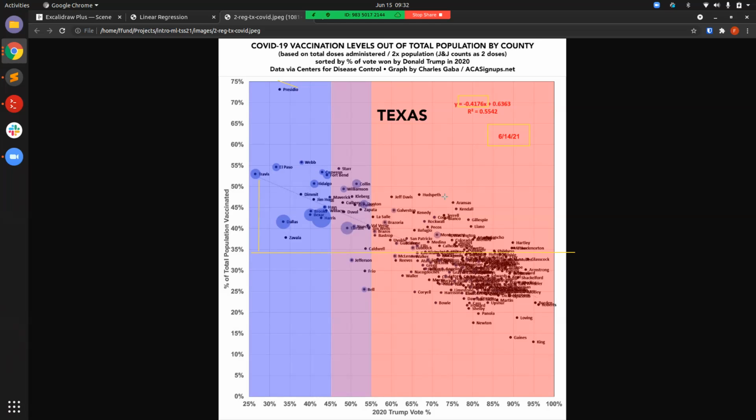So what if I told you that rural areas, areas that are less densely populated, had a higher vote share for the Republican candidate, but it's also more difficult to distribute vaccines to rural areas. That could also be potentially an explanation for this association.